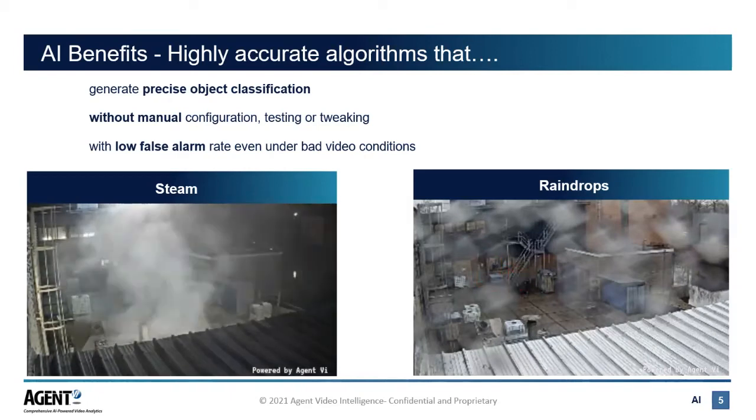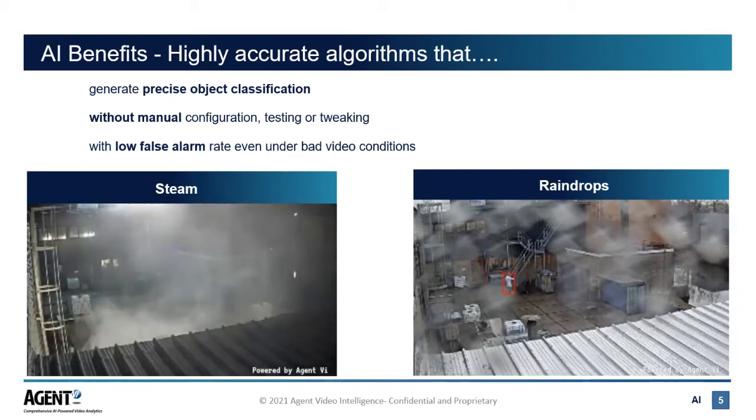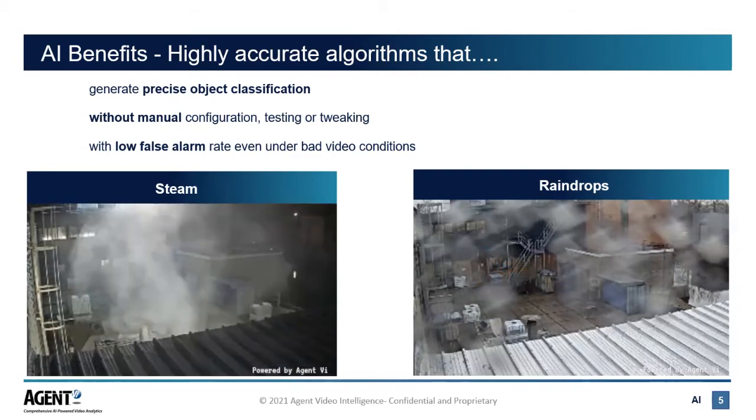We can even teach it new classes of objects by just feeding it valid reference images. And this has another benefit to it. This improved classification also comes without any manual configuration, testing, or tweaking, as we used to have to do with what I'll call the VCA blob analytics.